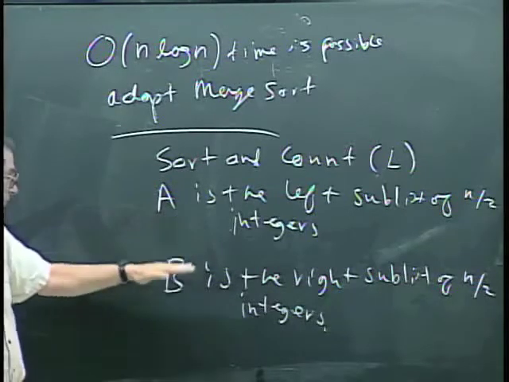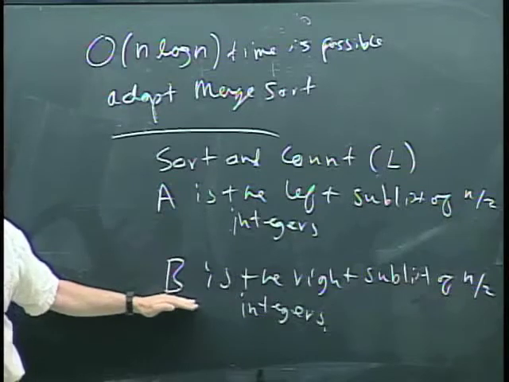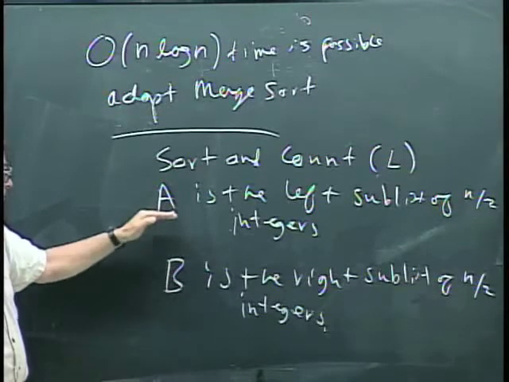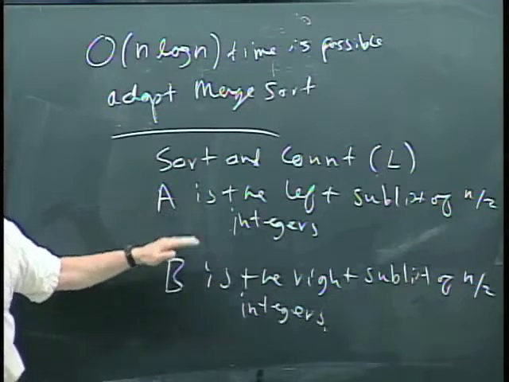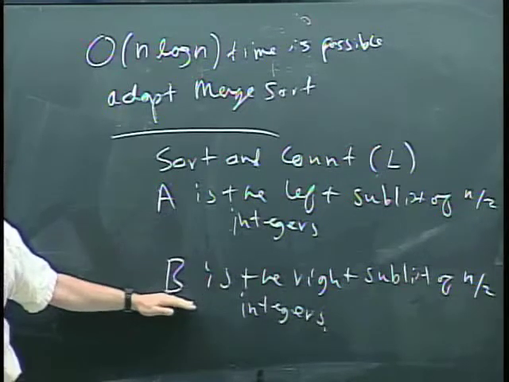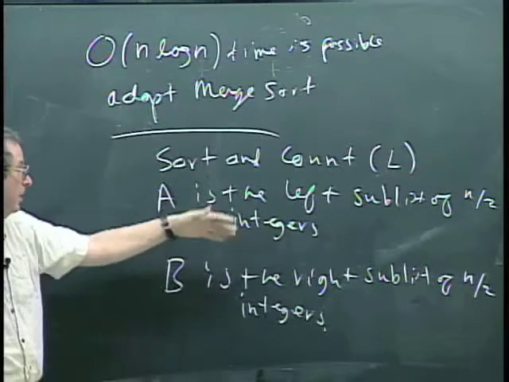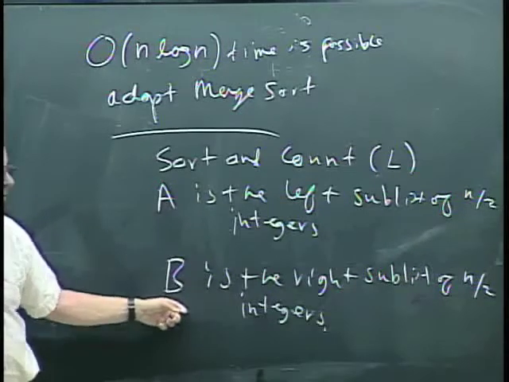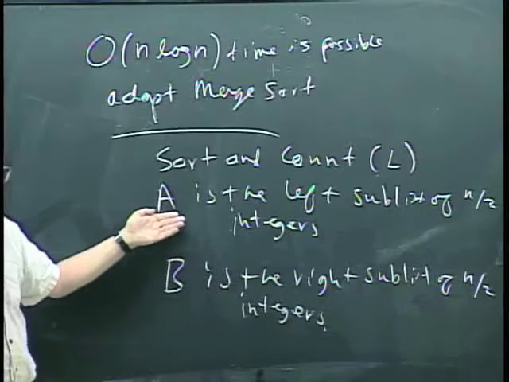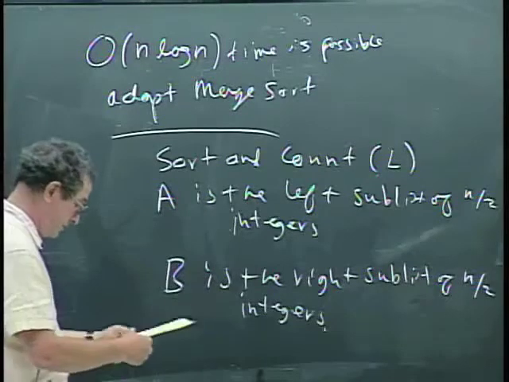And we're going to recursively count the number of inversions just in B alone. And then we're going to count the number of inversions where one element comes from A and one element comes from B. Okay, and that's all there is. Every inversion in the whole list L is either strictly inside of A or strictly inside of B, or it has one element in A and one element in B. And there are no other possible kinds of inversions.